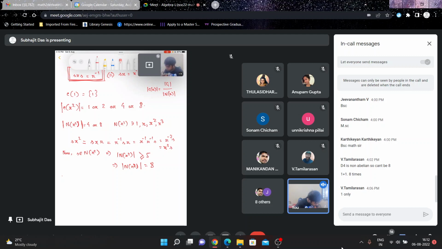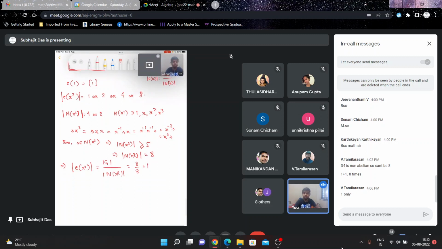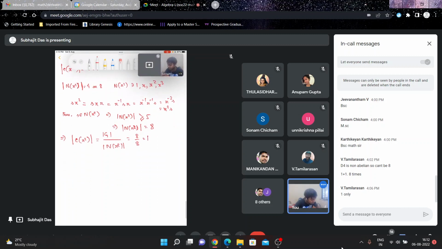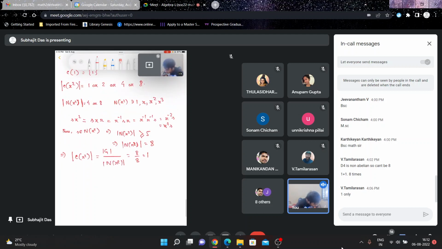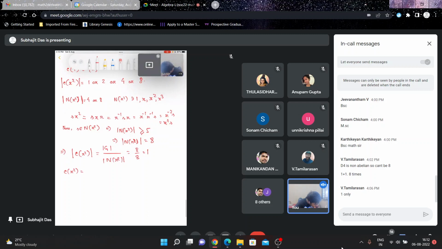Which implies that the cardinality of the conjugacy class of R square is order of G by order of the normalizer, which is 8 over 8, which is 1. That means the conjugacy class of R square consists of exactly one element. So we know C of R square is equal to R square, right?